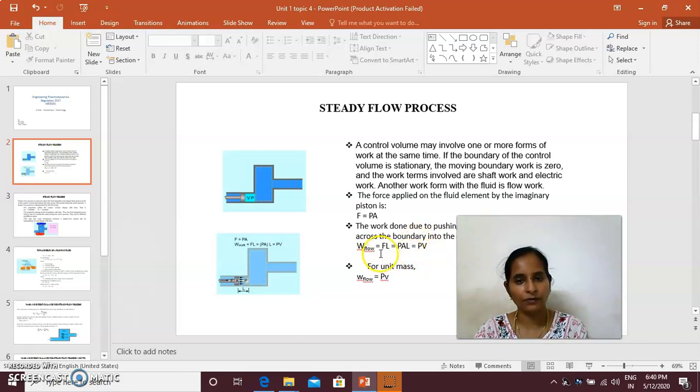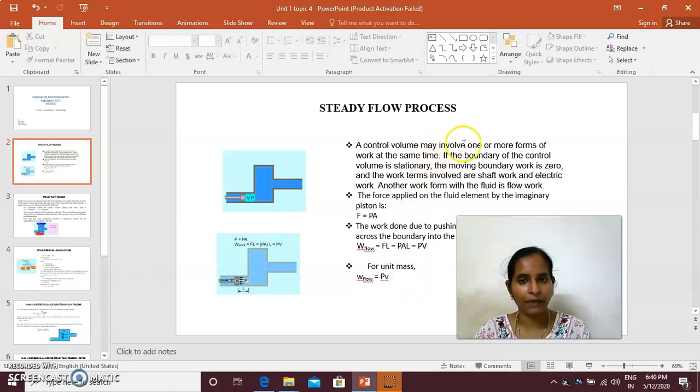How have we derived this? Force into distance, and force is pressure into area. So we got P into V. This PV is added to internal energy to get the total energy content H. H is equal to U plus PV.